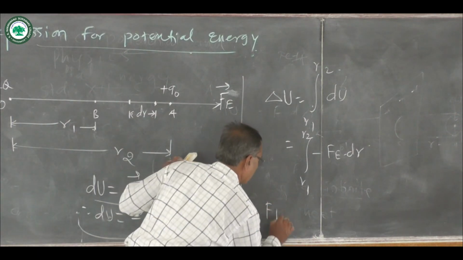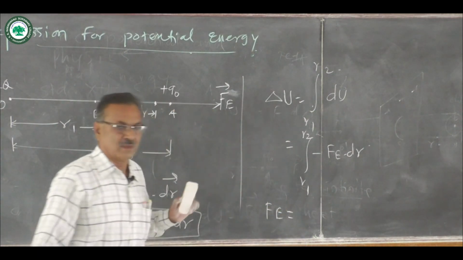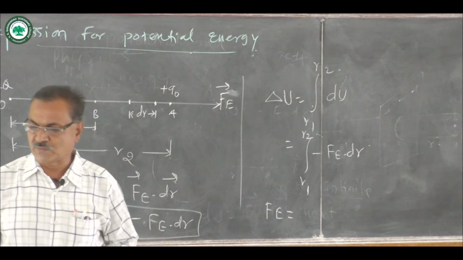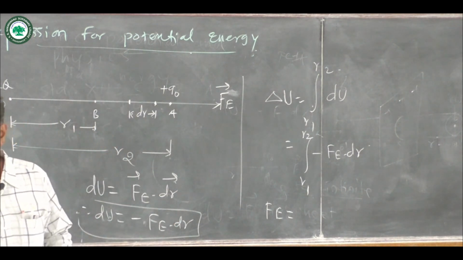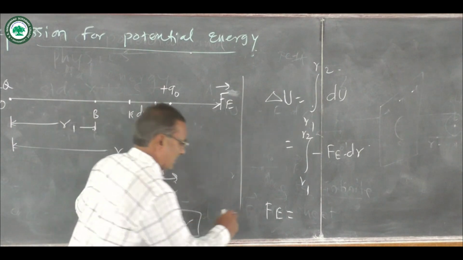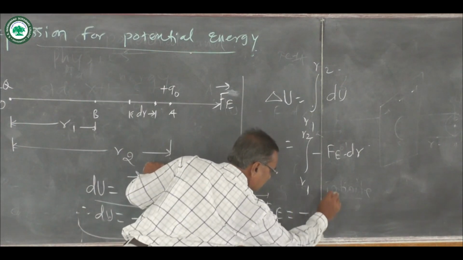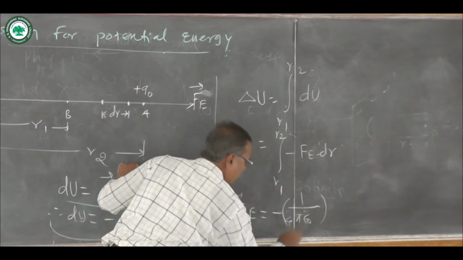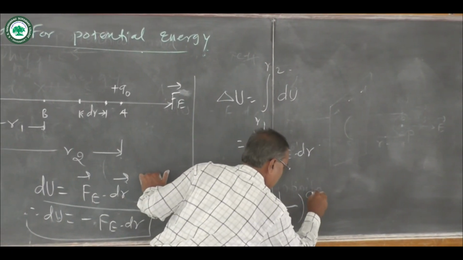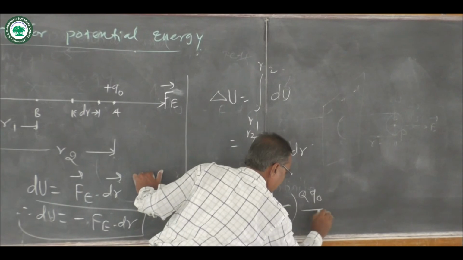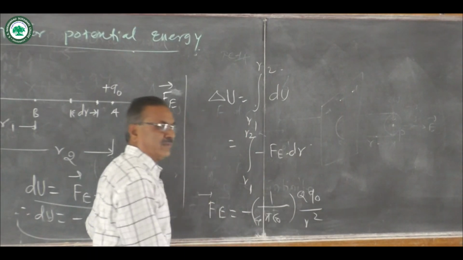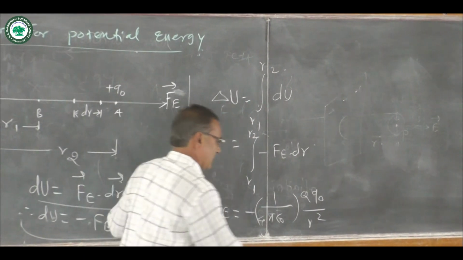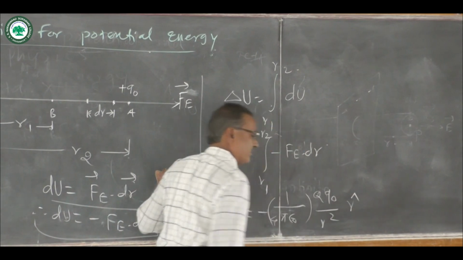Fe is the force, repulsive force or attractive force. By using Coulomb's law we can write vector Fe equal to minus 1 upon 4 pi epsilon naught into product of magnitudes of two charges and square of distance between two charges, r cap.